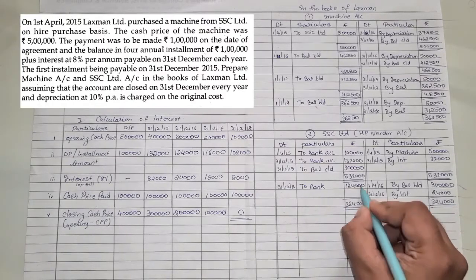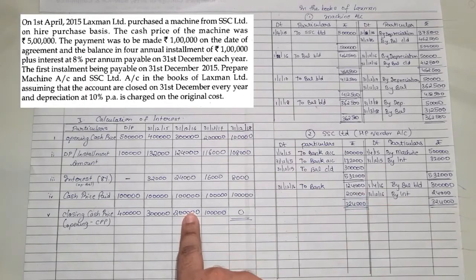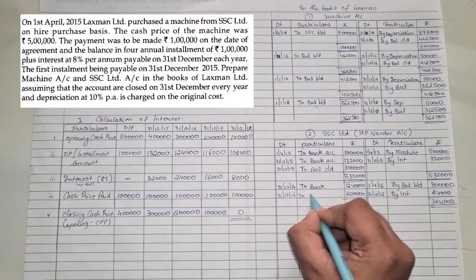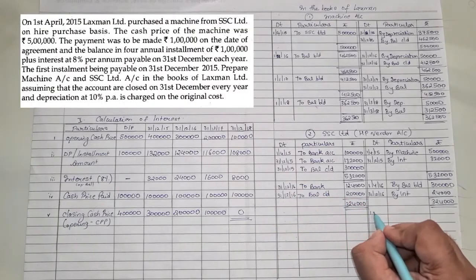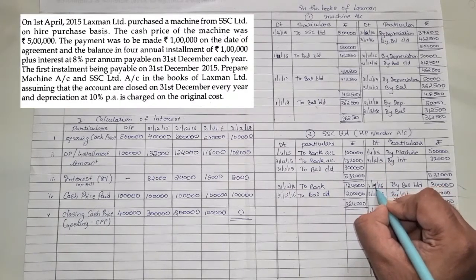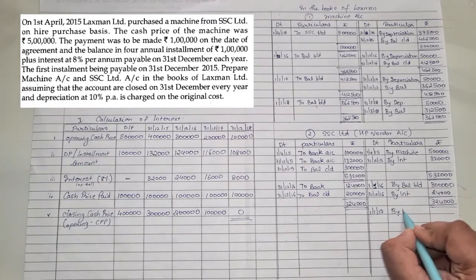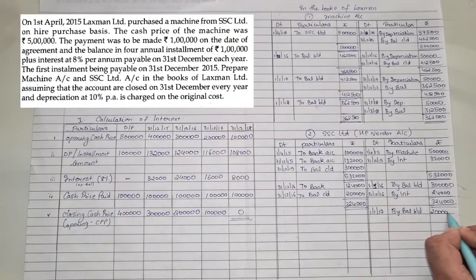From 3,24,000 we minus 1,24,000, we get 2 lakh as our balance, which matches the closing balance. 31st December 2016 to balance carried down. So on the next date, 1st Jan 2017, by balance brought down, it is 2 lakhs.